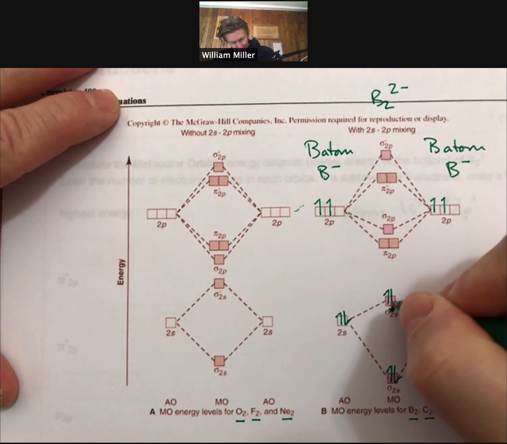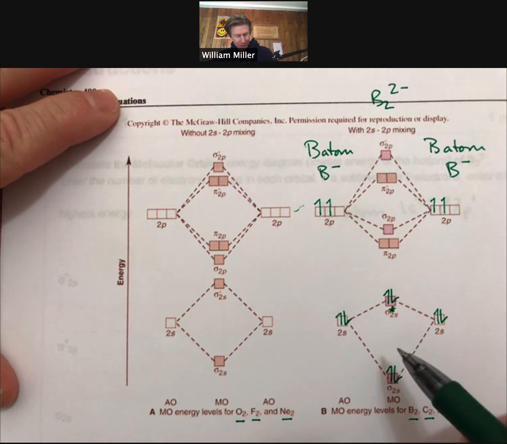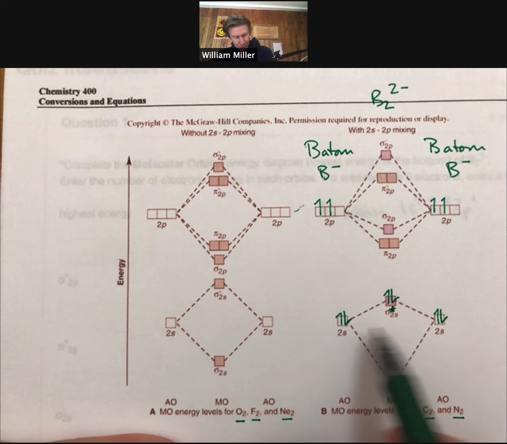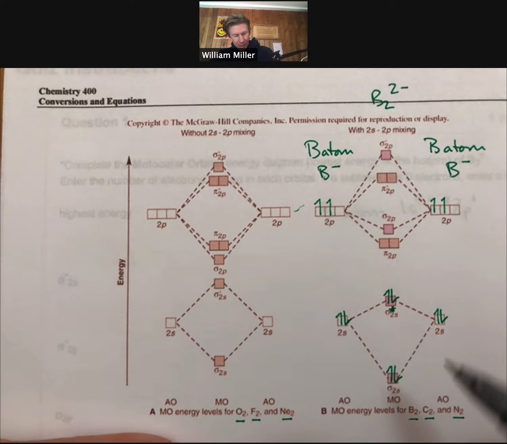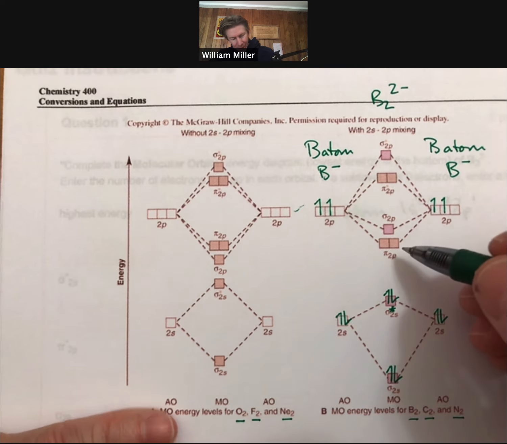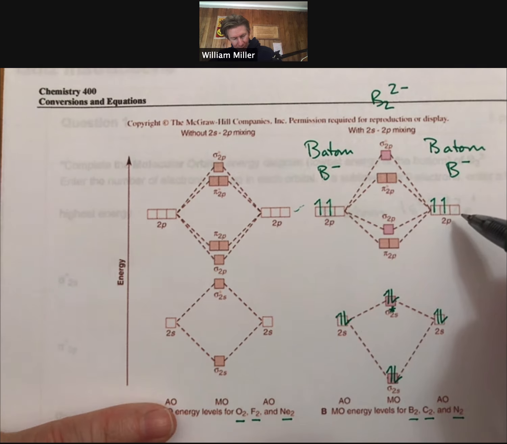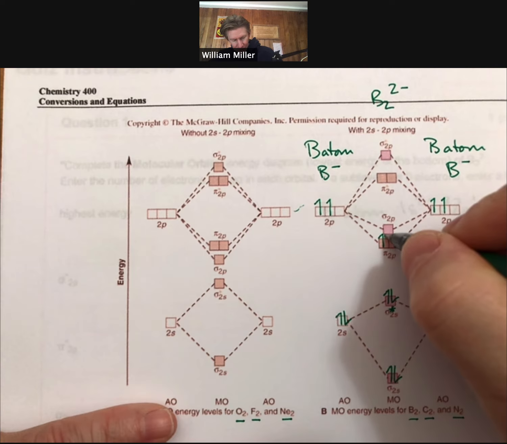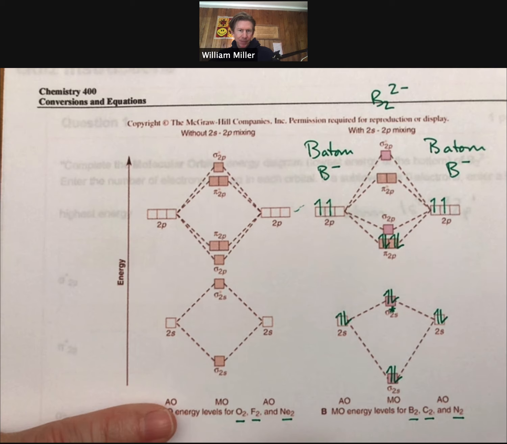There go the other 2 electrons. Something we're learning about molecular orbitals, by the way, is that if you have 2 atomic orbitals, they will make 2 molecular orbitals, 1 bonding and 1 anti-bonding. Here we have 4 electrons, 1, 2, 3, 4.